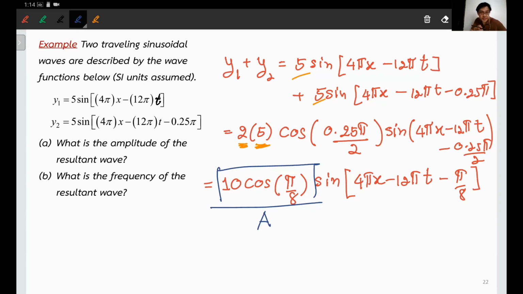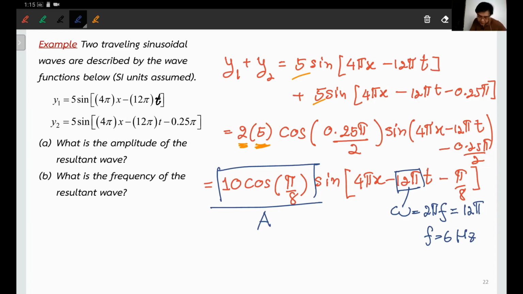And what is the frequency, guys? Whatever number is in front of t, that is your omega. And omega is 2 pi f. So that means 2 pi f is 12 pi, so f is going to be 6 hertz. That's the good thing, now you guys know how to read the sinusoidal waves.